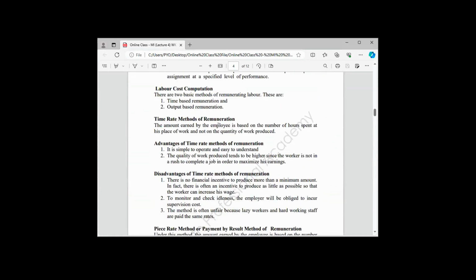Okay, the formula is not stated. We use it as a control measure. I actually saw it in the notes. Straight piece rate, yes, number of units produced times rate per unit.